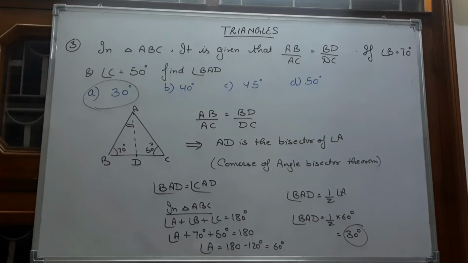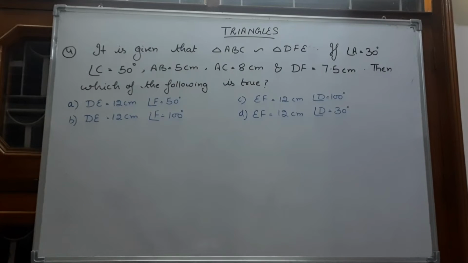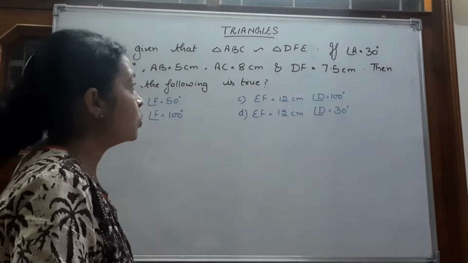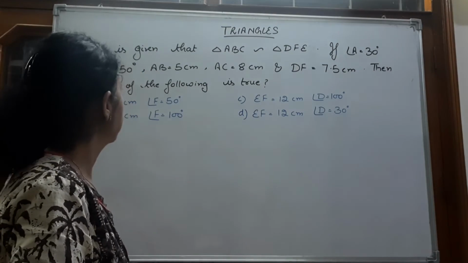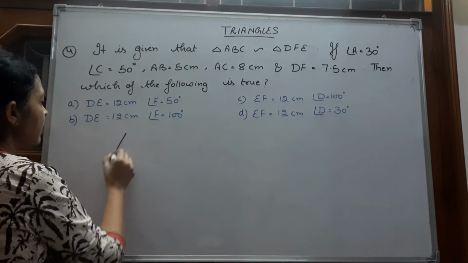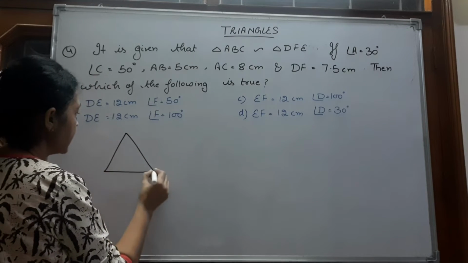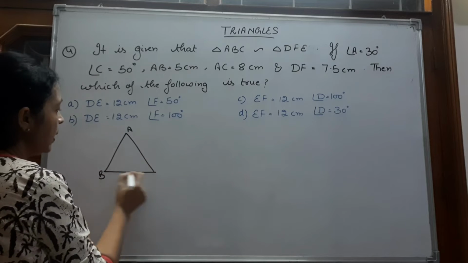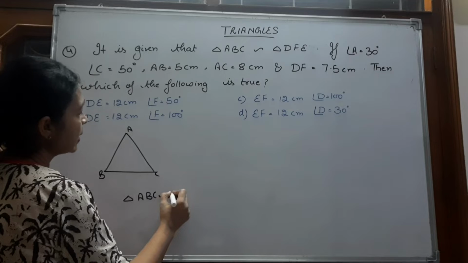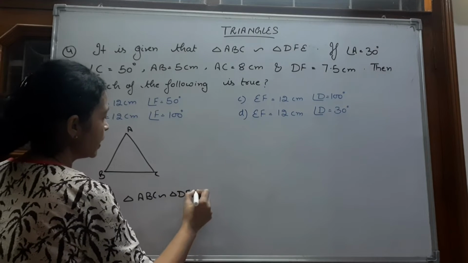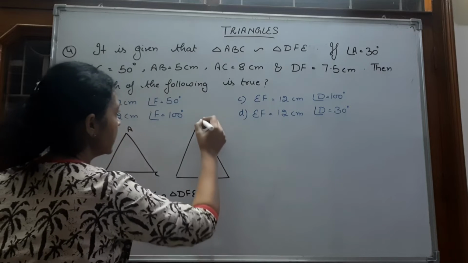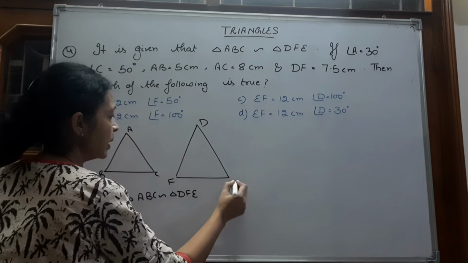It is given that triangle ABC is similar to triangle DFE. Angle A and angle C are given. We have a triangle ABC. Let's draw another triangle DFE.